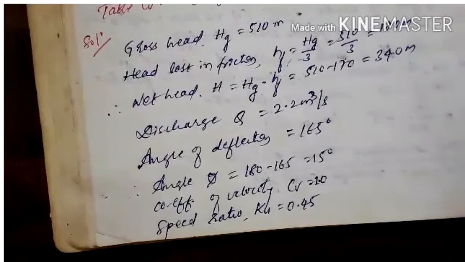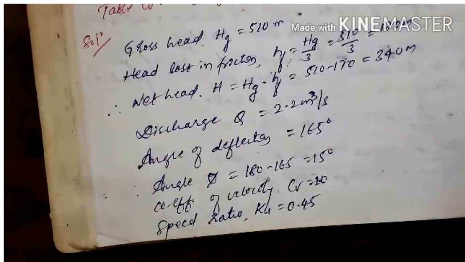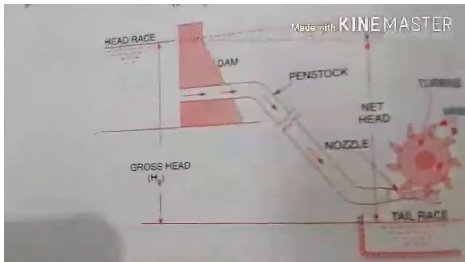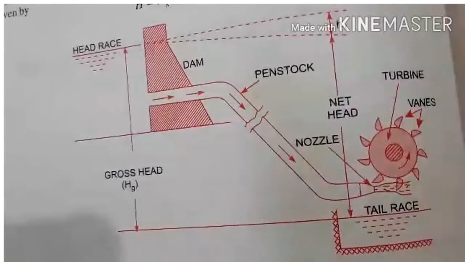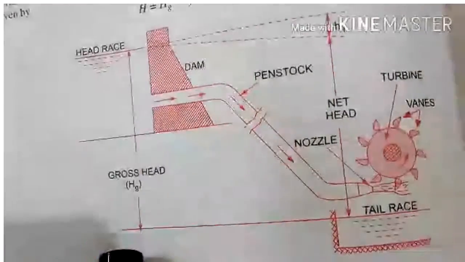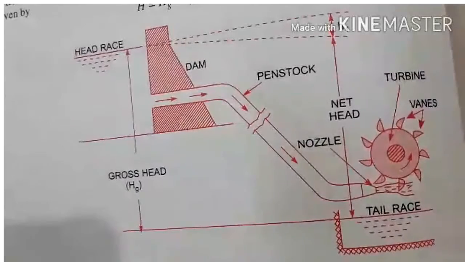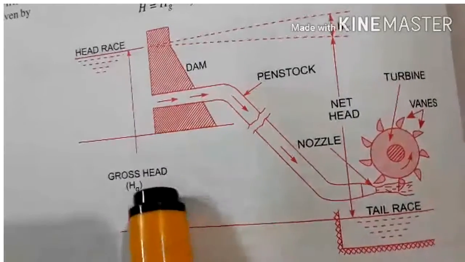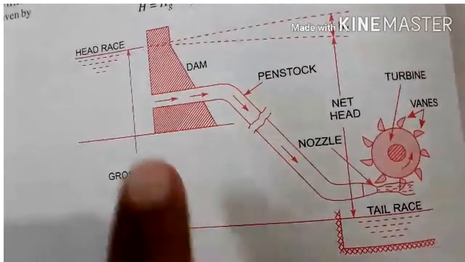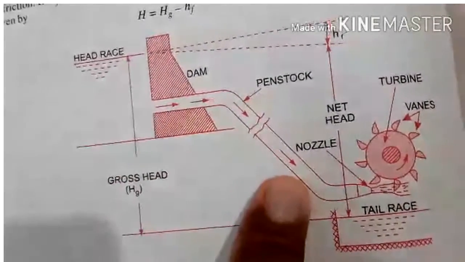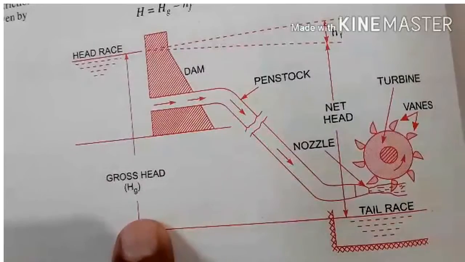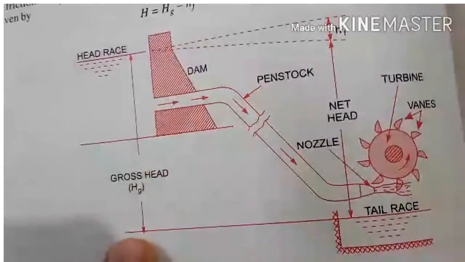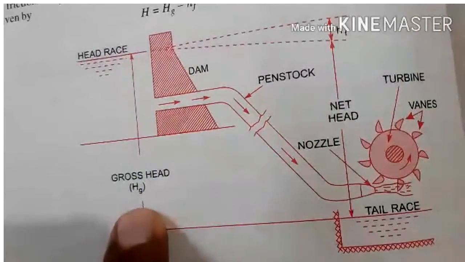See in this figure, the gross head of the water is given, that is 510 meter. Before supplying water into the penstock, the head available in the reservoir was 510 meter.